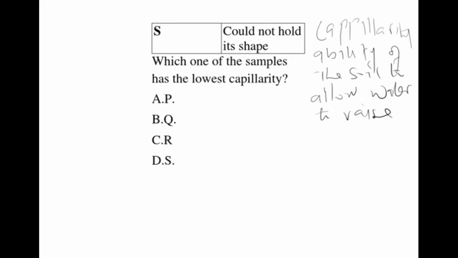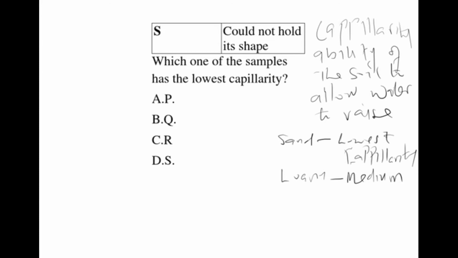Therefore, the 3 different types of soil have different capillarity. Sandy soil has the lowest capillarity. We have loam soil, which has medium capillarity. Then we have clay soil as the highest capillarity.